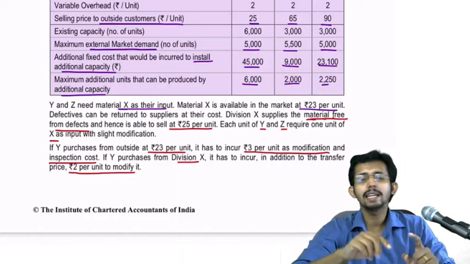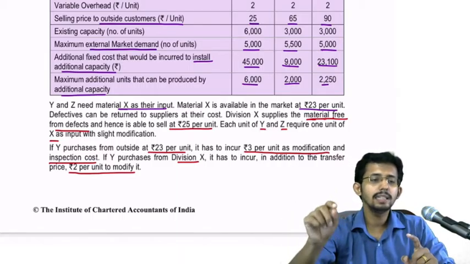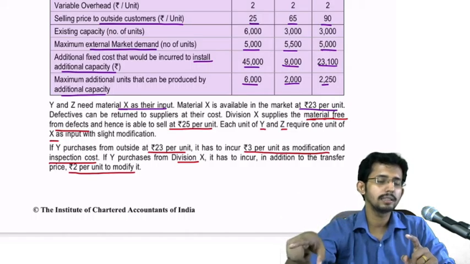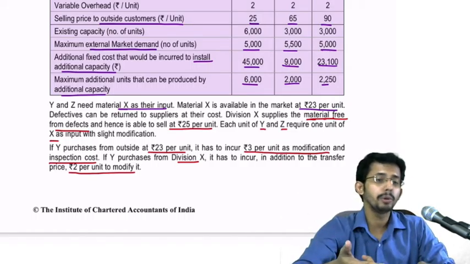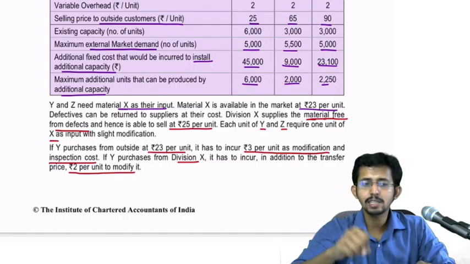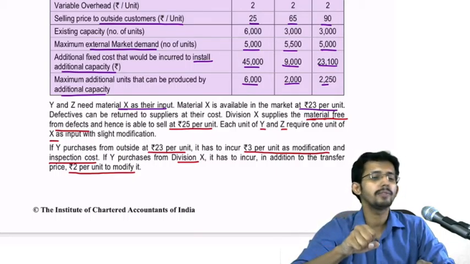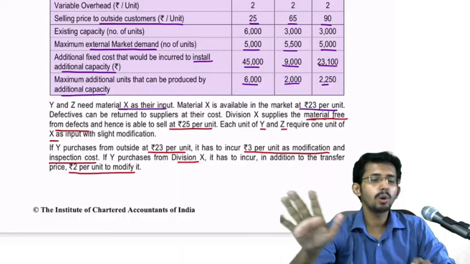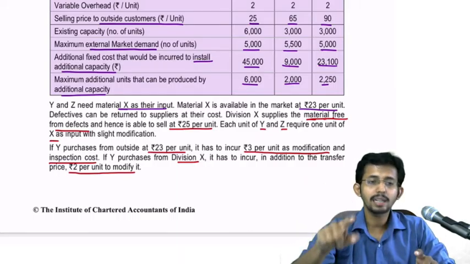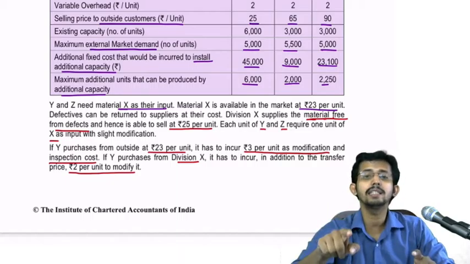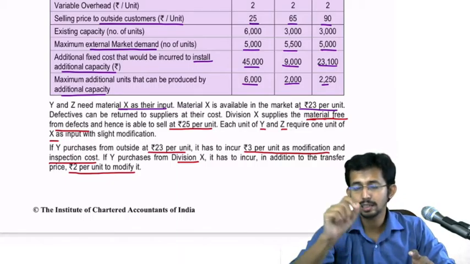If they get it from the external vendors, then each product they receive has to be inspected, and if required, modified. If you find some defectives, you can simply send them back. You don't incur any cost for the defectives. But there is a cost for inspecting the material received from the outside vendors.